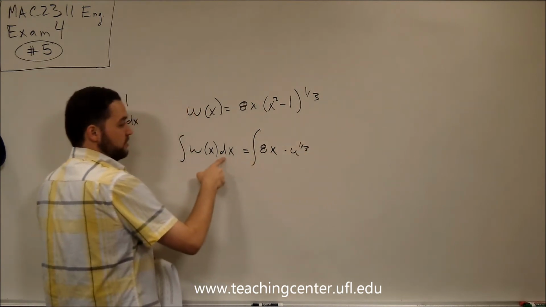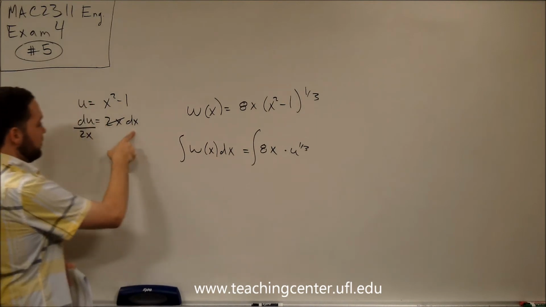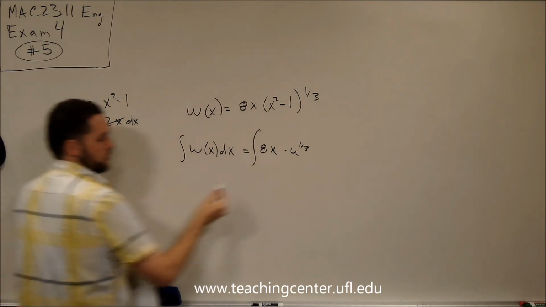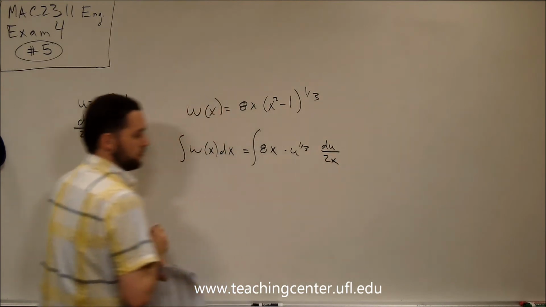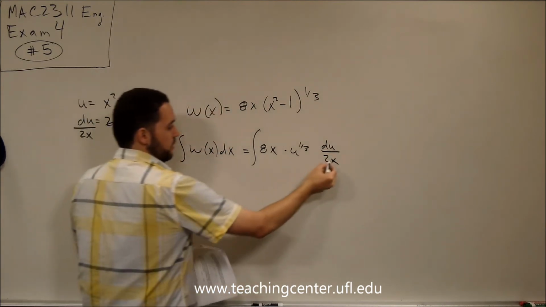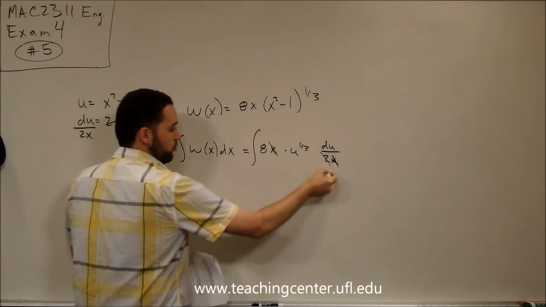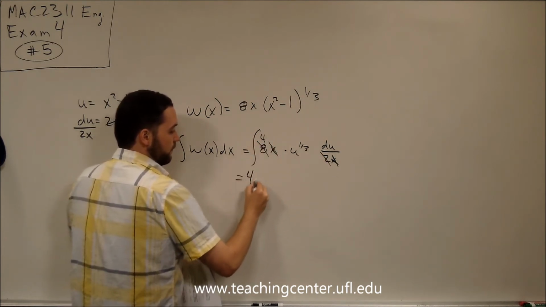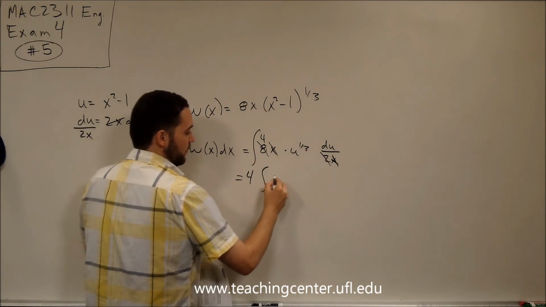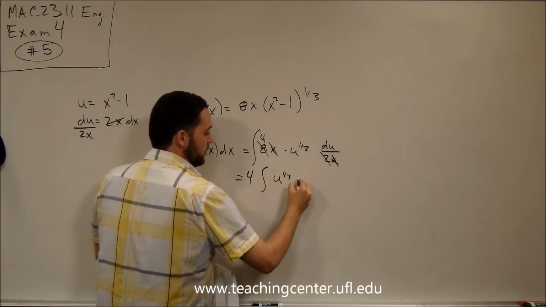And technically we should have had a dx there, but dx is du divided by 2x. So we can put du divided by 2x here. That's nice because this x will cancel out that x, and this 2 will cancel with this 8, giving you a 4. This boils down to 4 times the integral of u to the 1/3 du.